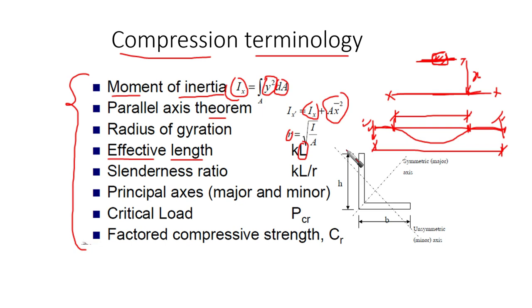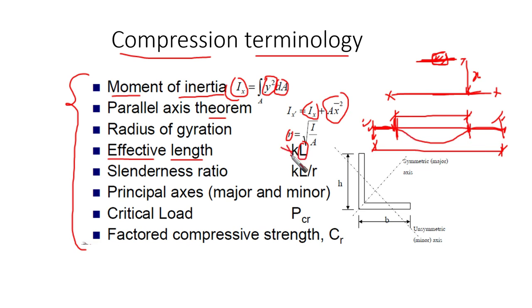So the length is the distance between the ends of the column or the element. However, the effective length is the distance between the inflection points, if we're talking about moment, for example, or the points where the axis of the element is going to start to bend or change. So we can consider it as the inflection point and start to measure the length based on these new points.